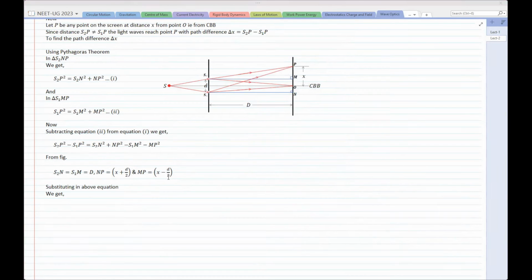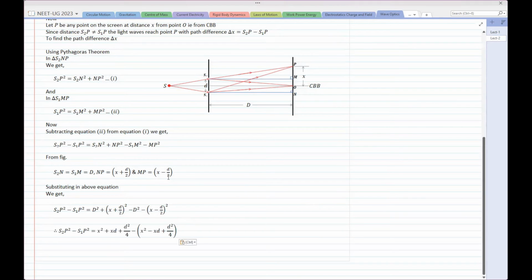If I substitute these in the above equation, we keep the left hand side the same. S2P square minus S1P square is equal to D square plus x plus D by 2 the whole square minus D square minus x minus D by 2 the whole square. Simplify it. So S2P square minus S1P square is equal to x square plus xD plus D square by 4 minus x square plus xD minus D square by 4.